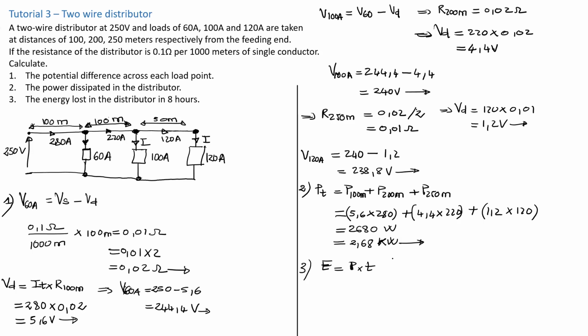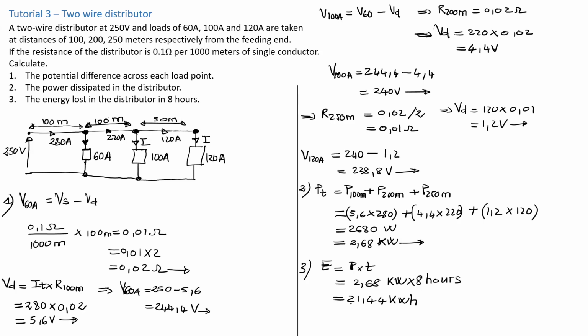So from here, we can replace the value of the power, which is 2.68 kilowatt, times the time, which is given in hours, 8 hours. Now from here, just a simple calculation of 2.68 times 8, and I'm getting 21.44 kilowatt hour.